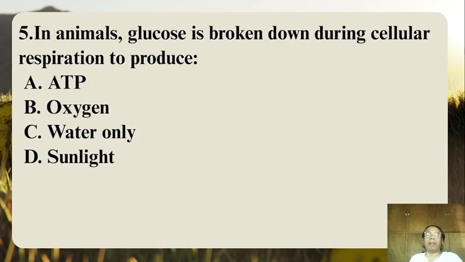MCQ number 5. In animals, glucose is broken down during cellular respiration to produce letter A, ATP, letter B, oxygen, letter C, water only, letter D, sunlight.